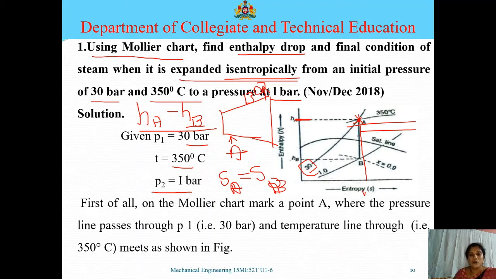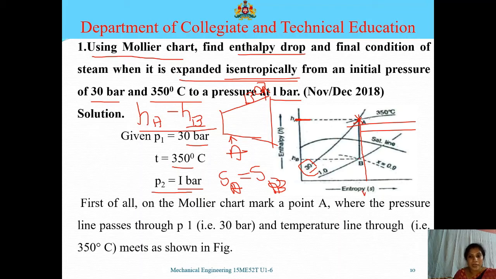Okay. So what am I doing? I am placing the scale vertically. What is the exit condition we have? We have the pressure as 1 bar at the exit. So next, my work is to search for the line where the pressure is 1 bar. I'll draw a straight vertical line till it reaches the 1 bar pressure line.